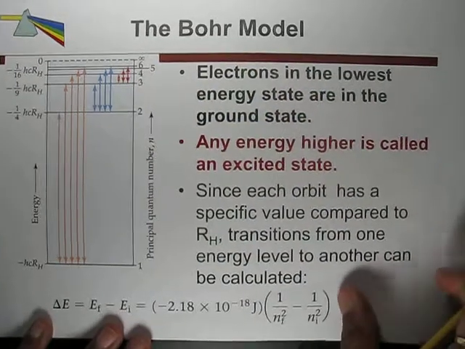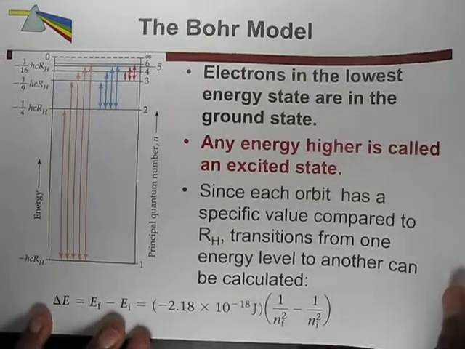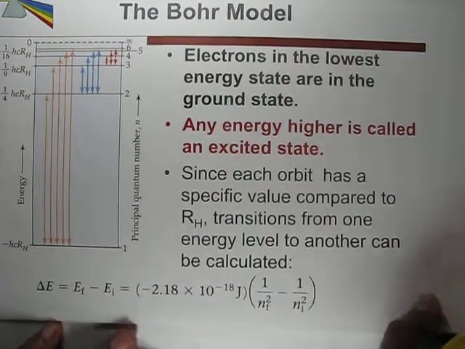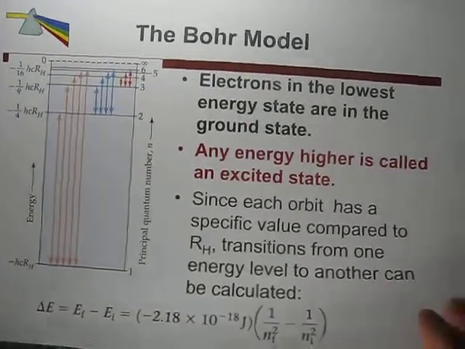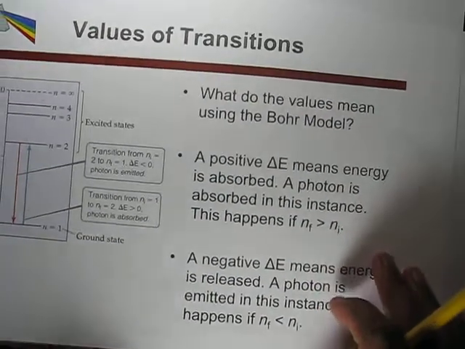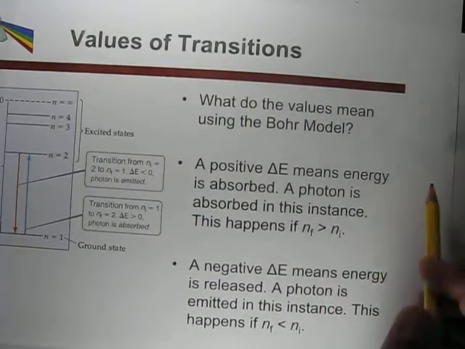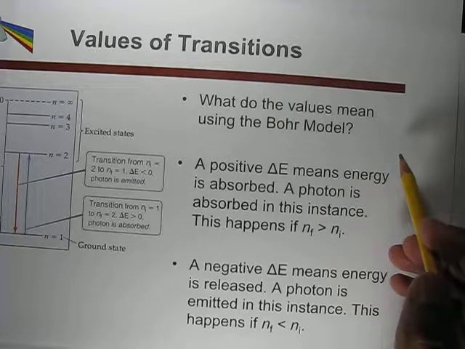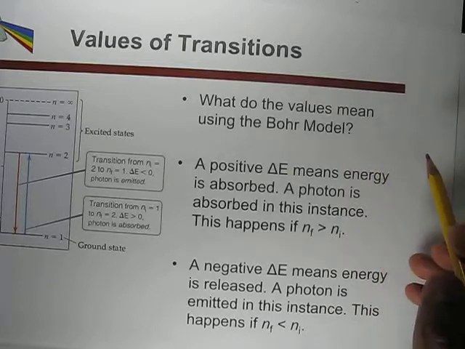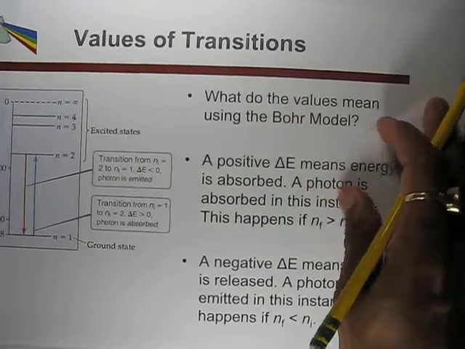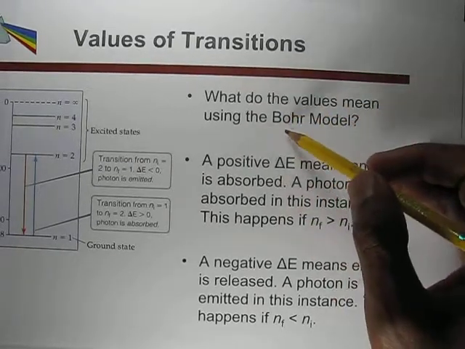Right now it is not important to memorize this, because we are not going to use this equation in this chapter, but it is very important to know that when electrons have minimum energy, that is called the ground state, and when they go into a higher energy state, it's called an excited state. And what do the values mean using the Bohr model?